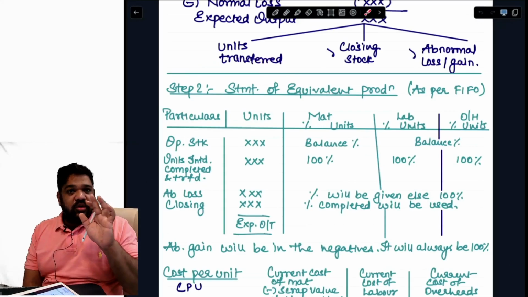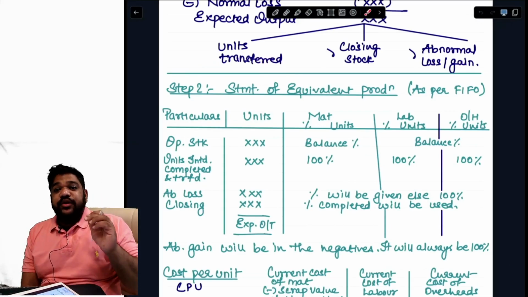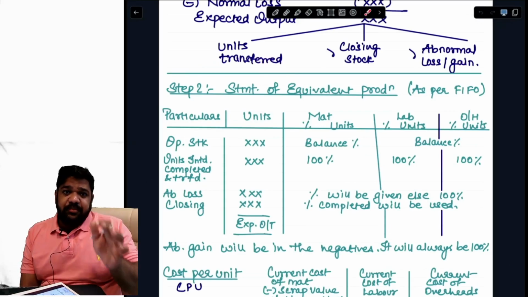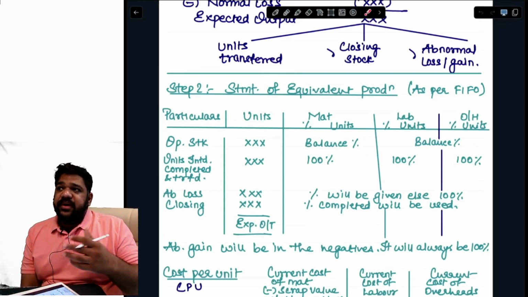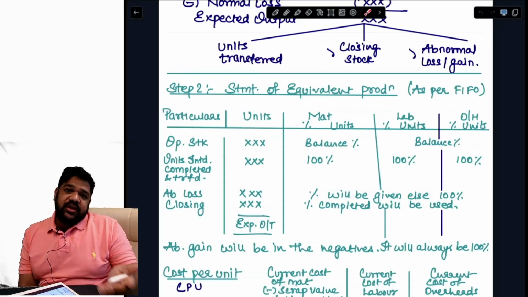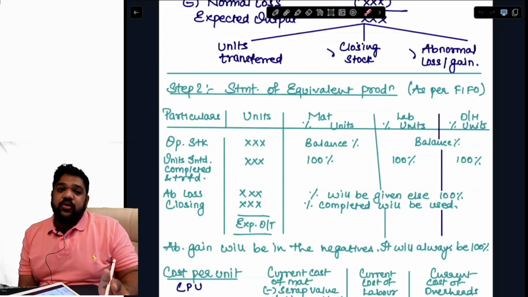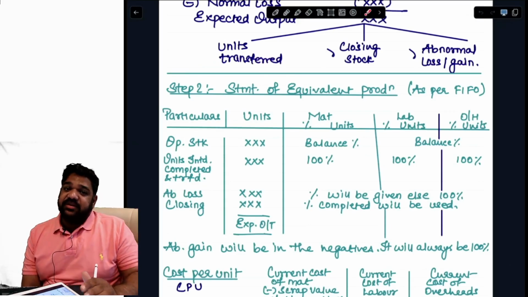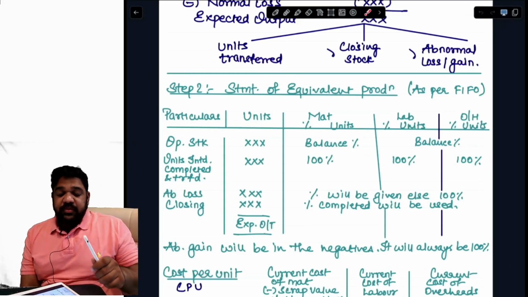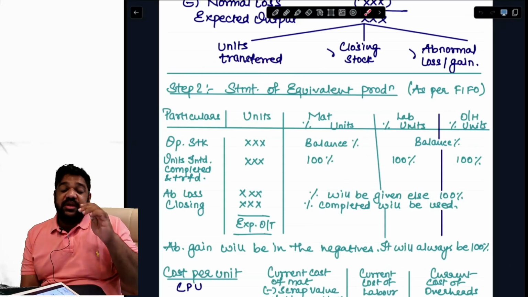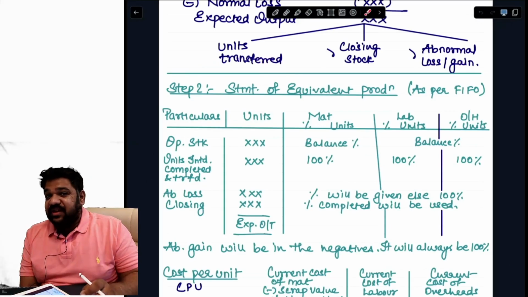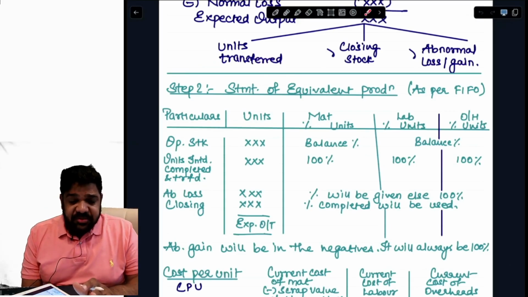UICT is always and always 100%. Abnormal loss follows the same rule: if a percentage is mentioned it is used, if not, it will be 100%. And for closing stock, the percentages will be given. So always remember that in the opening stock, it will always and always be the balance percentage. Are we clear? It will never be the percentage given.